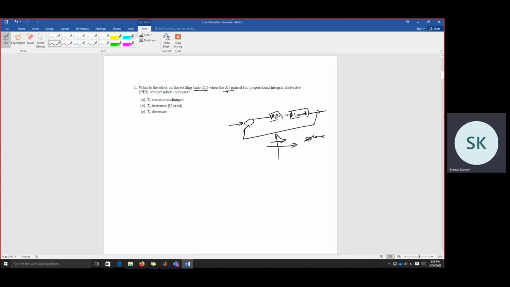So when it is shifting the root locus towards the right, if we consider a second order system, the standard that we have gone through.